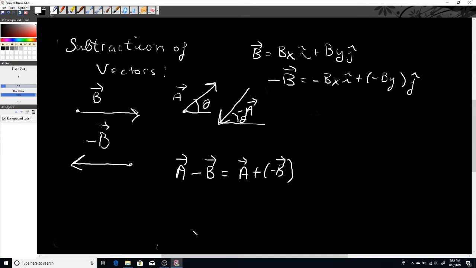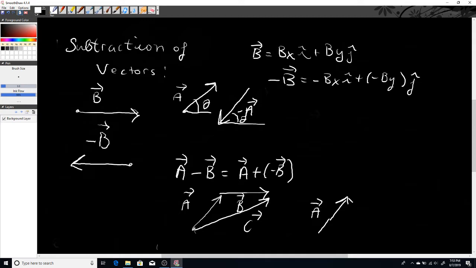Right, so in this case, if A was like this, and B was like this, C would look like that. But in this case, if we're adding A and negative B, which goes in this direction, C will go that way.